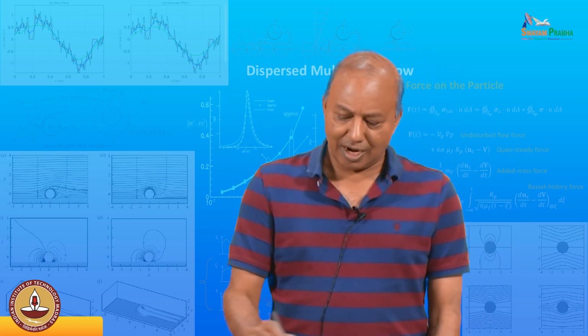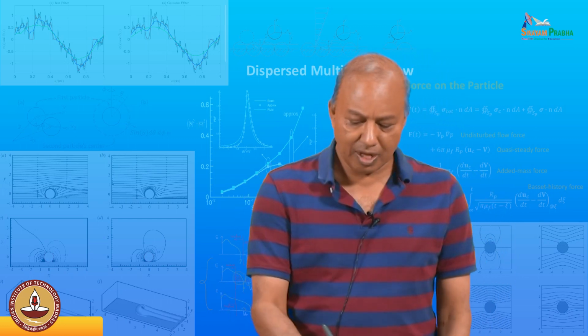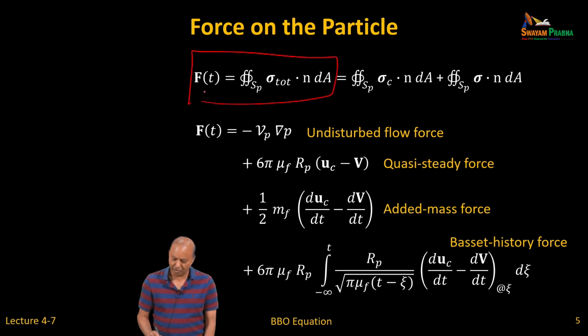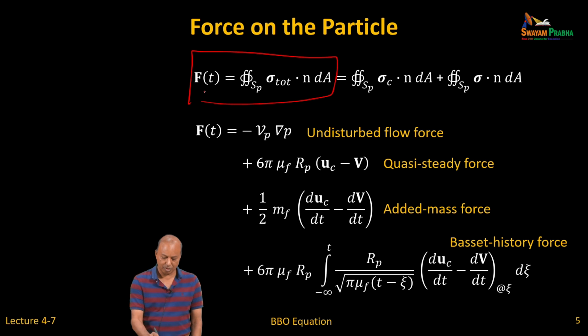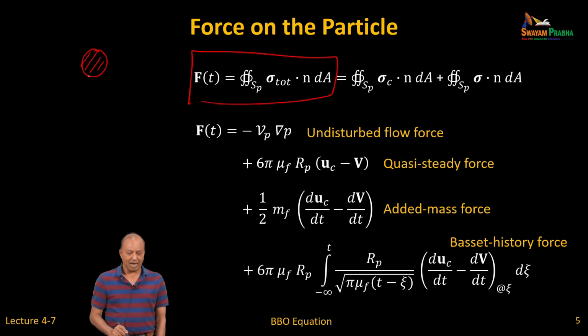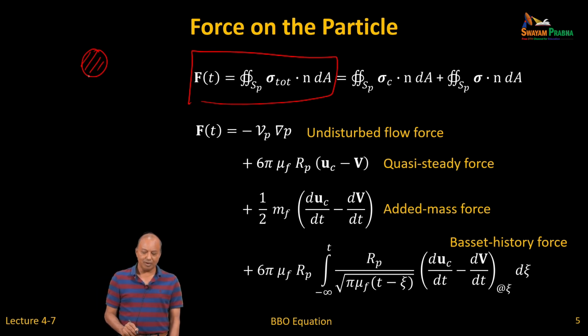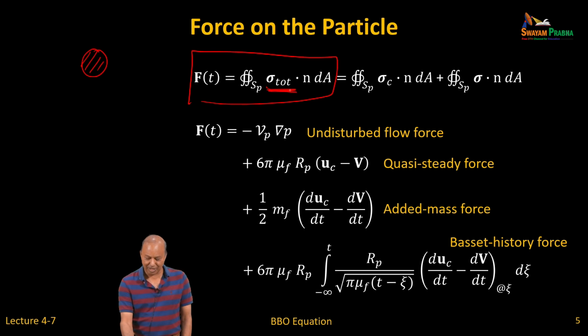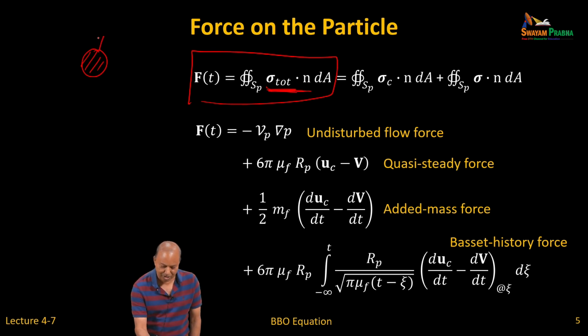So let's start with where we left off. This is just a formula for force on a particle. So you have a particle, and if we want to calculate the force exerted on the particle by the surrounding fluid, you take the total stress dotted with n, the surface normal vector.